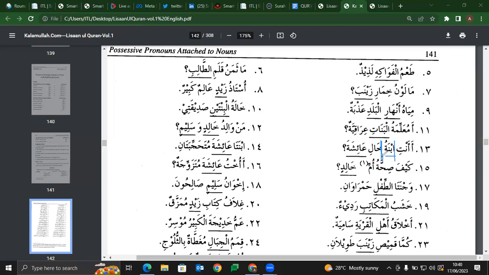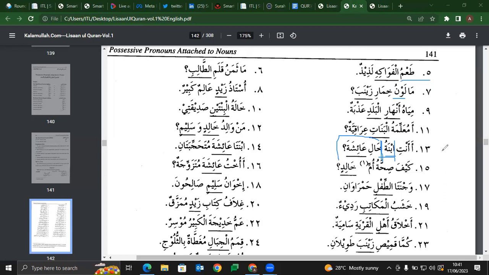Like taamu fawakih, taamu is mubtada. Ma launuhu, launuhu is mubtada. So because of that, ibnatu has to come first. It's the mubtada. So are you the daughter of Aisha's aunt? Exactly.